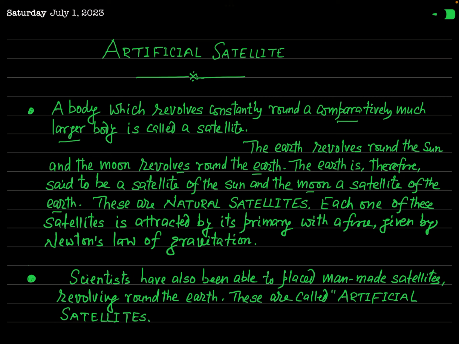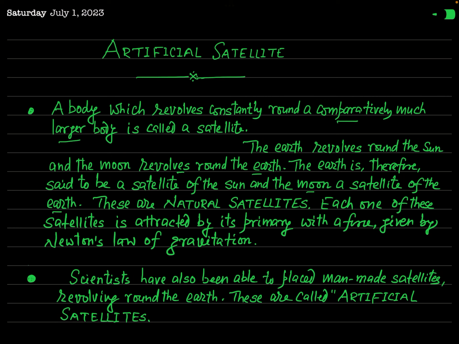In the broad sense, a body which revolves around a relatively larger massive body is called a satellite. Here I have given two examples: earth is a satellite of the sun and moon is a satellite of the earth.